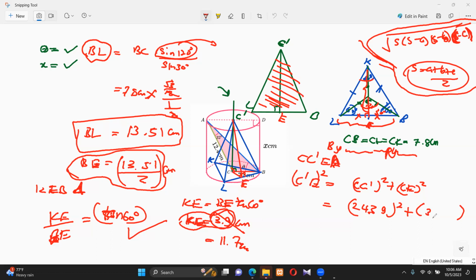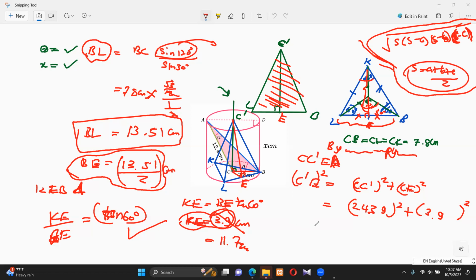So this is 3.9 squared, right? Okay. Yeah, it's 3.9 squared. Right, okay, now 3.9 squared plus 24.39 squared, the square root of the answer equals 24.69.